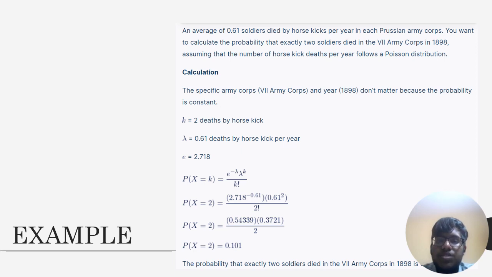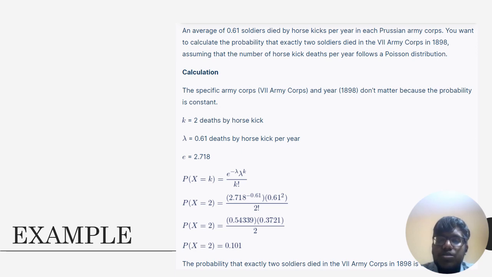P of x equal to k is e to the power of minus lambda times lambda to the k, divided by k factorial. P of x equal to 2, where e is 2.718 and lambda is 0.61, and 0.61 squared is divided by 2 factorial.